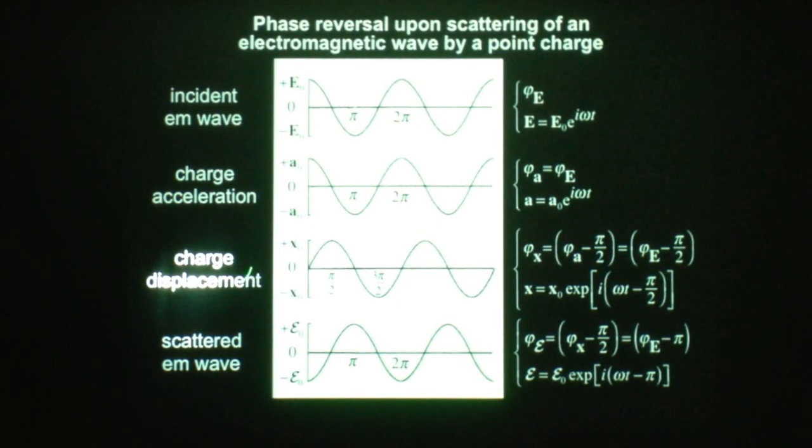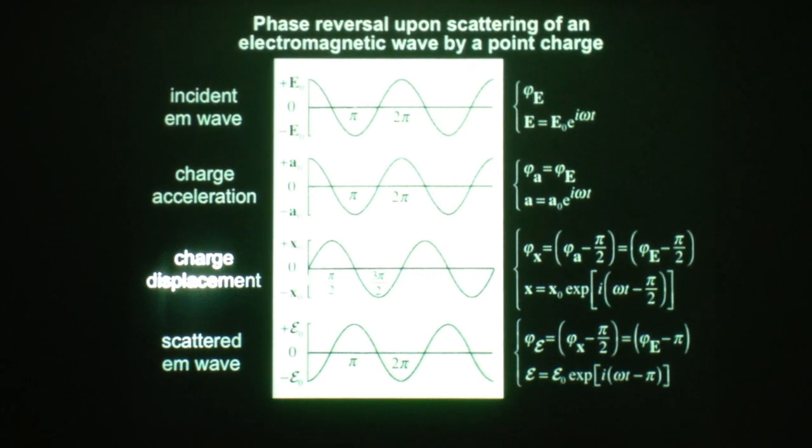Now, what about the motion of the charge, the electron that's being subjected to this incoming wave? Well, if the acceleration is at its maximum, or the electric field is at its maximum, what would be the displacement?